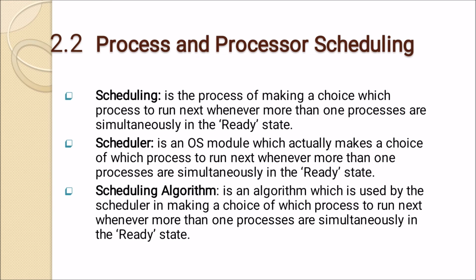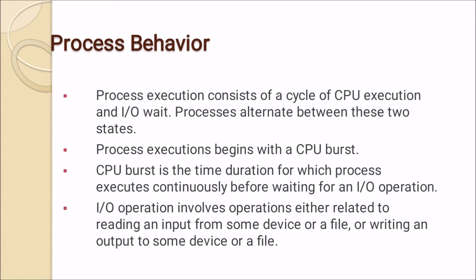The scheduler is an operating system module which actually makes that choice. The scheduling algorithm is the algorithm used by the scheduler in making that choice. So these are the 3 terms which are very important in process scheduling.